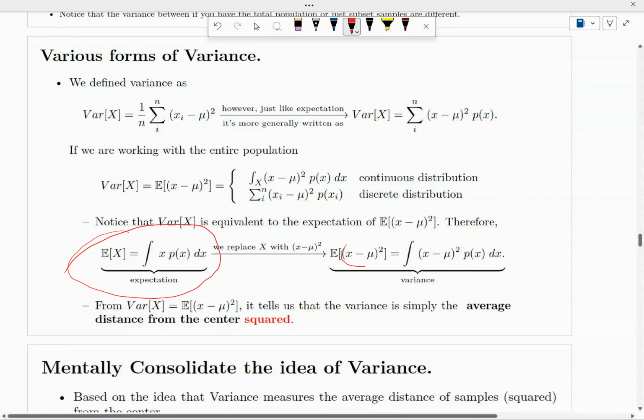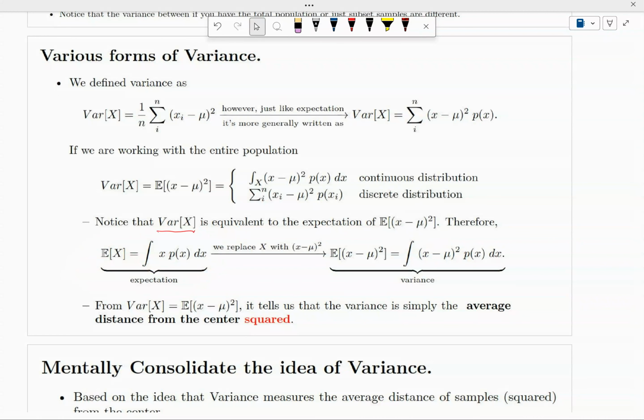So if it's a function, we will essentially plug the function in here and multiply it by the probability. So what I'm saying here is that the variance of X is just the expectation, so the average squared distance from the center. Okay.